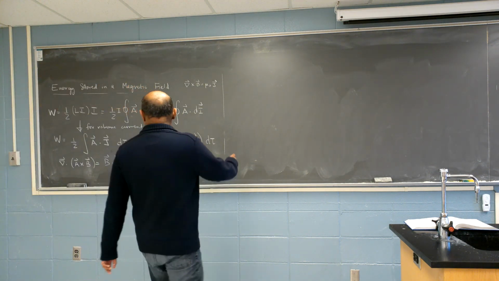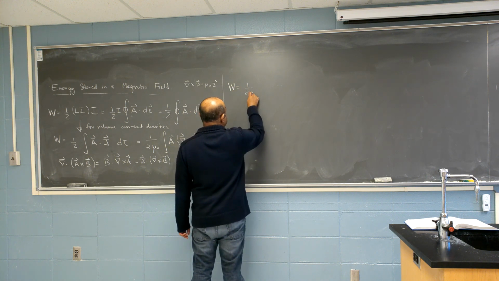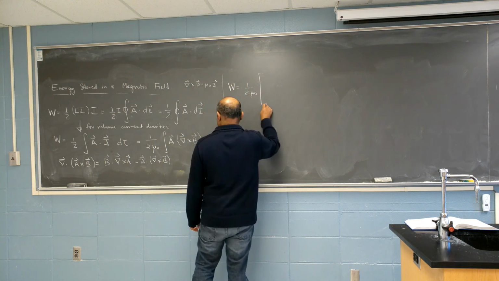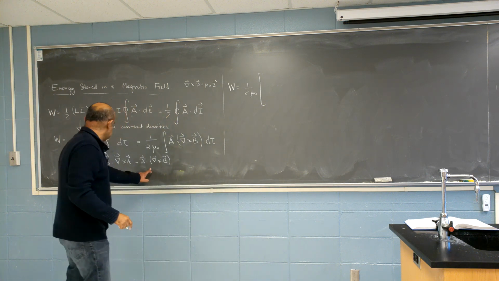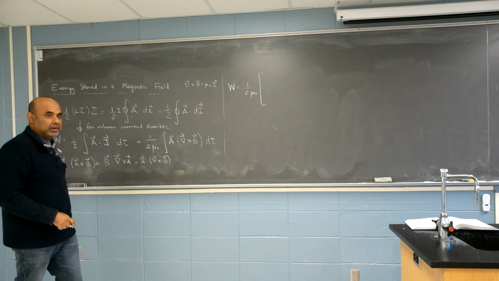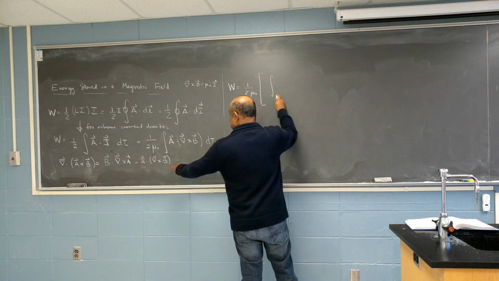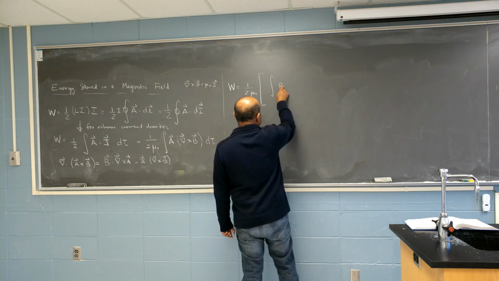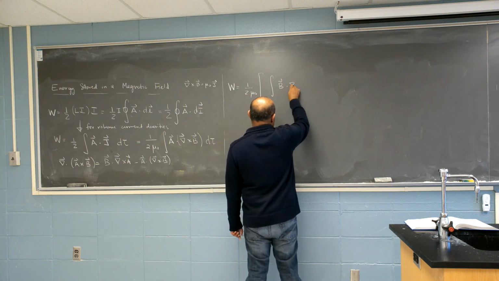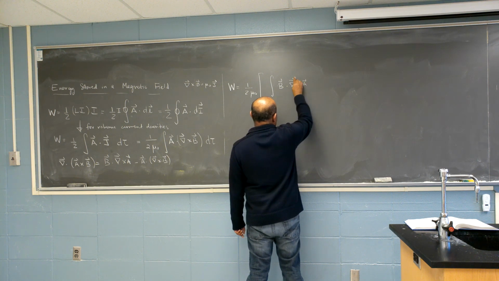So help me to not make a mistake. This guy is going to be this minus that, correct? So I'll get two terms. One is B, and I'm going to just do it this way, it doesn't hurt. I don't want to skip too many steps.